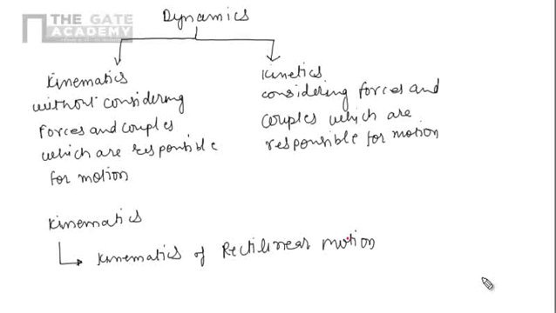line. Similarly, one more category in kinematics, we will deal with kinematics of curvilinear motion. So in which we are interested in motion of a body in a particular plane, like projectile motion.